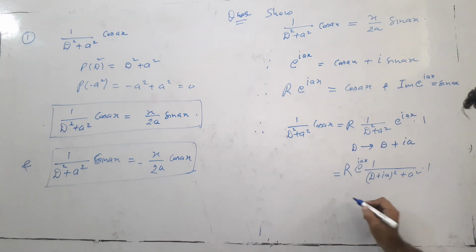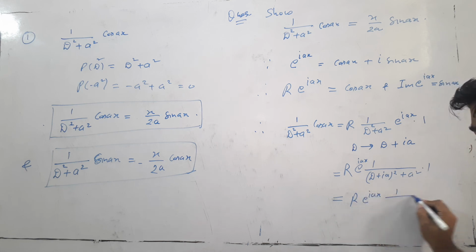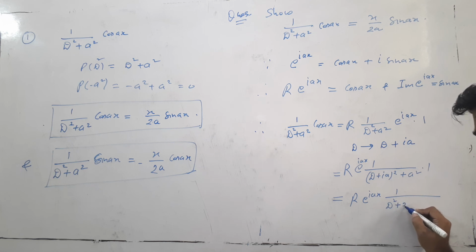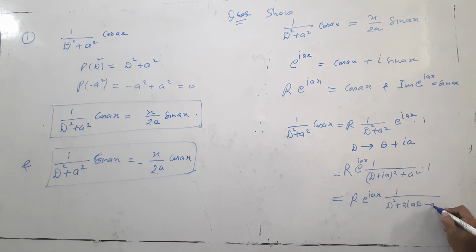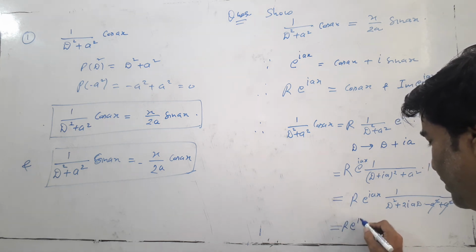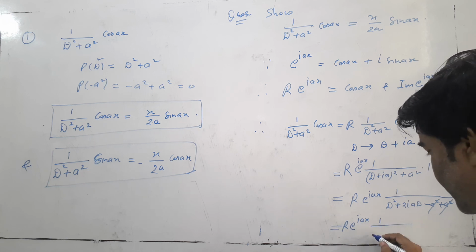On expanding the whole square, we have d square plus 2ia d plus ia square, means minus a square plus a square. A square cancels out. Here we have the real part of e to the power iax, and we can take d common.